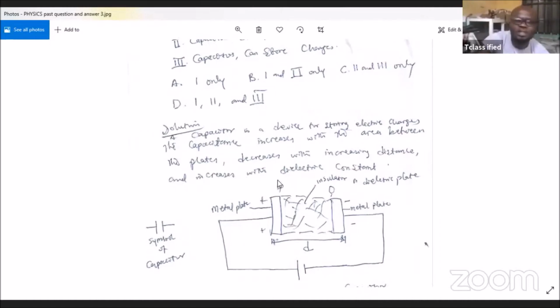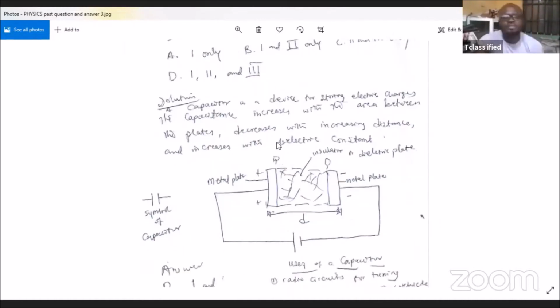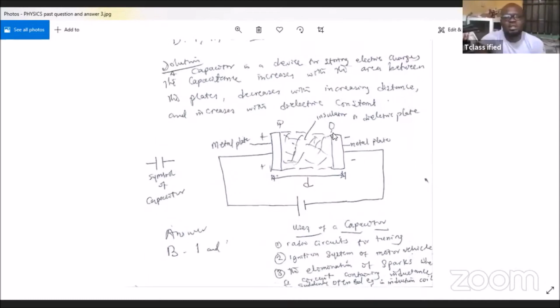So this is a simple diagram of a capacitor showing the plates. These are the plates, the positive and the negative metal plates. They have the insulator or the dielectric in between. So the greater this distance, the lesser the capacitance.